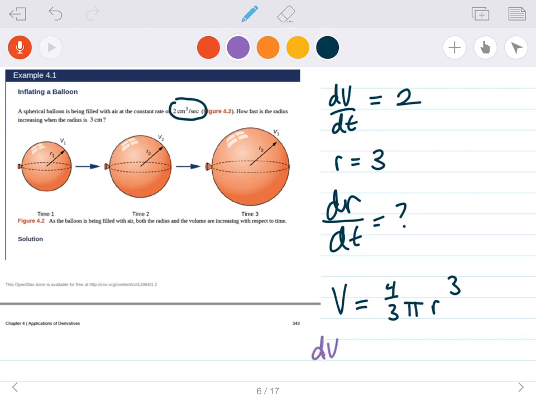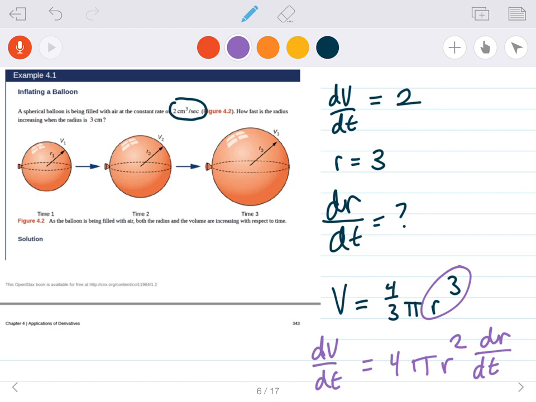So I get dv dt, and from here on out, I'm going to be lazy. I'm not going to do the whole chain rule. Using the power rule here, I get 4 pi r squared, and then just like with implicit differentiation, I'm tacking on dr dt because I differentiated the radius with respect to time.